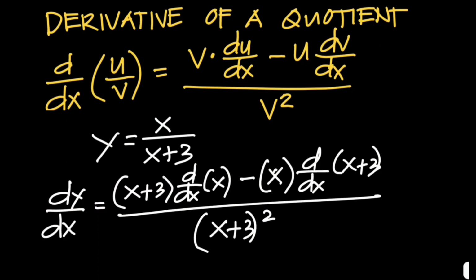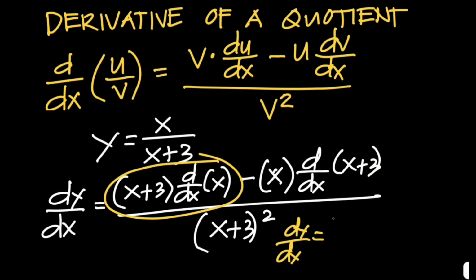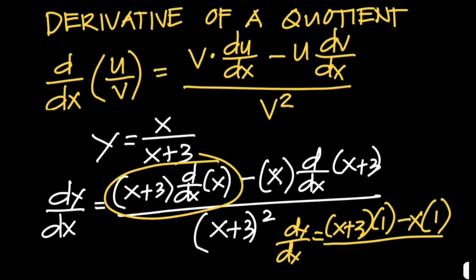So dy over dx is x plus 3 times the derivative of x, which is 1, minus x times the derivative of x plus 3, which is 1 plus 0, or just 1, over x plus 3 squared.